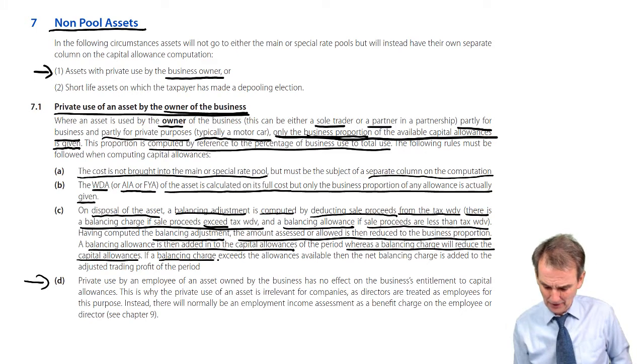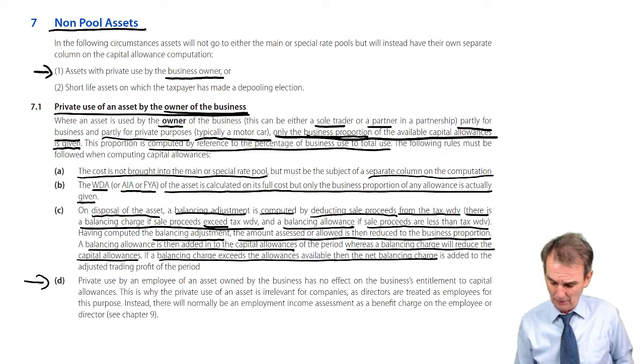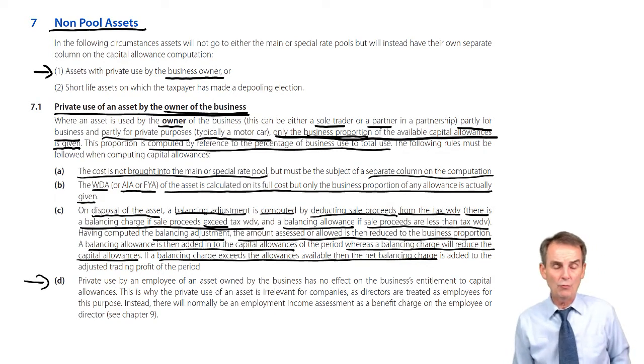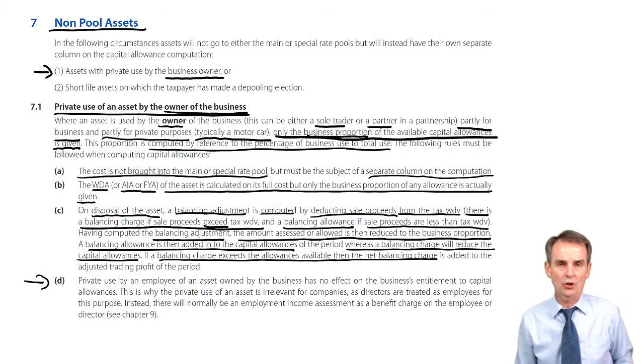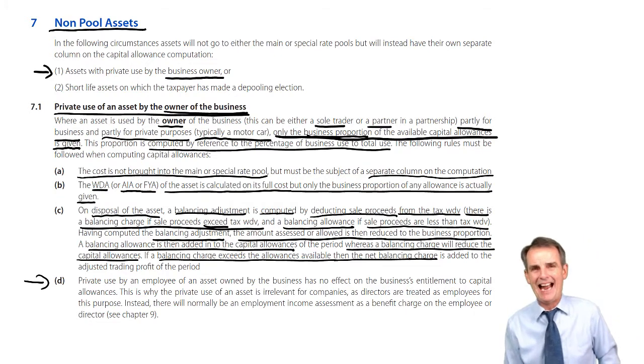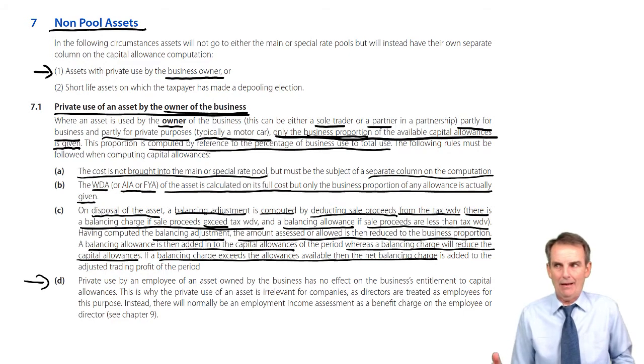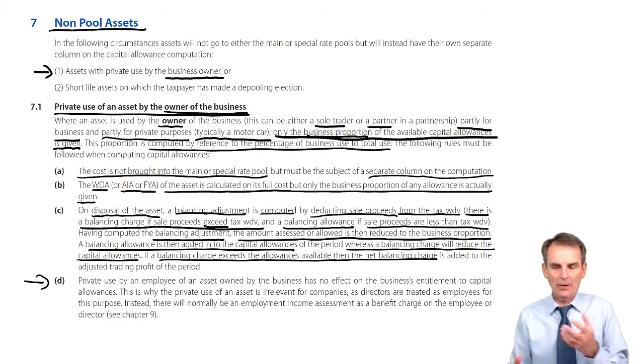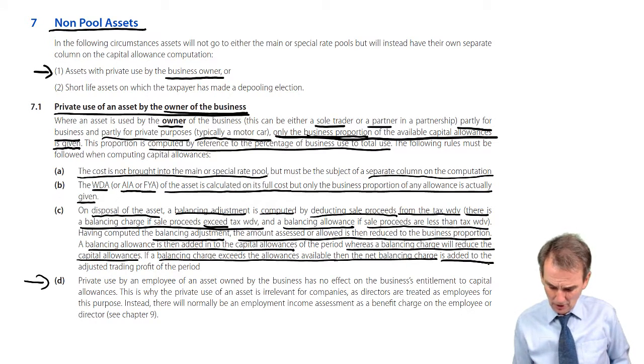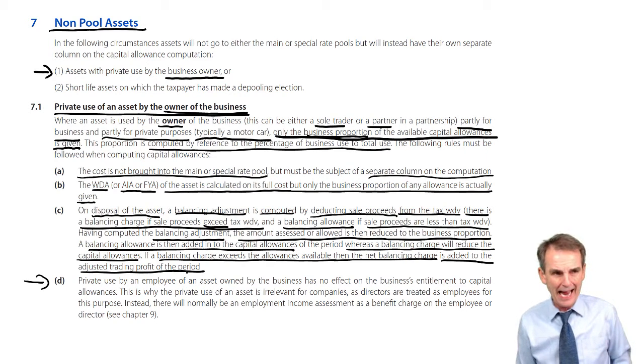If it happened that a balancing charge exceeds the other allowances available, not that likely, but if it were to happen, then the net balancing charge for the period, rather than being deducted in deriving the tax adjusted trading profit, capital allowances reduce profits, but here you'd have the opposite to that, a net balancing charge. So what it would do is to be added to the adjusted trading profit of the period. It would be added to that figure.